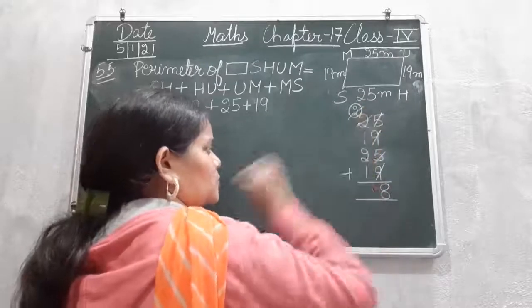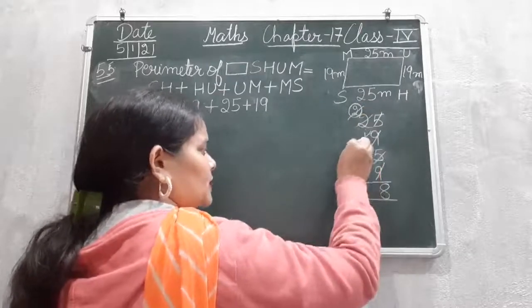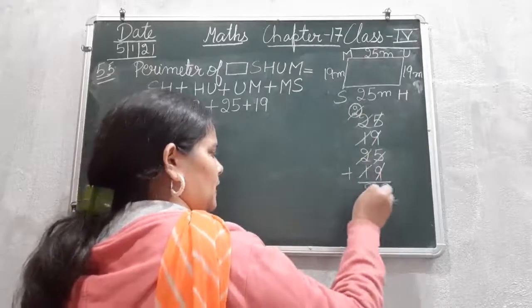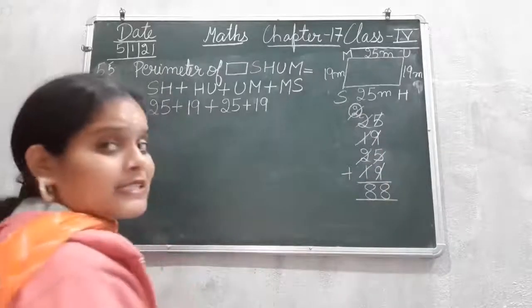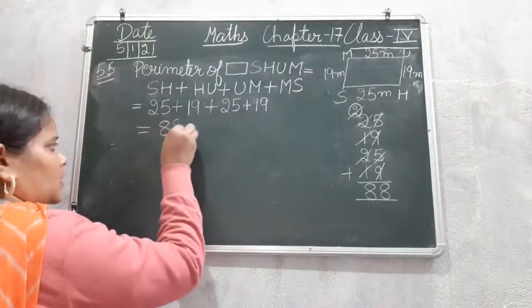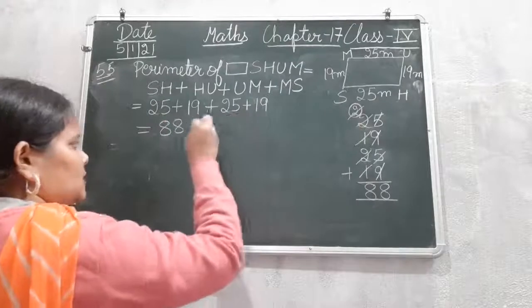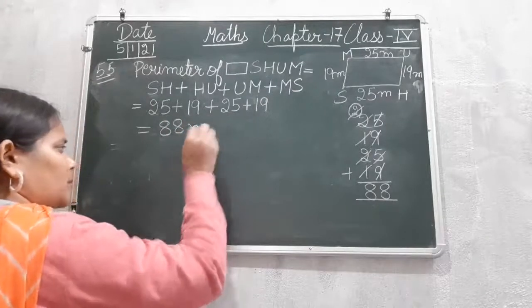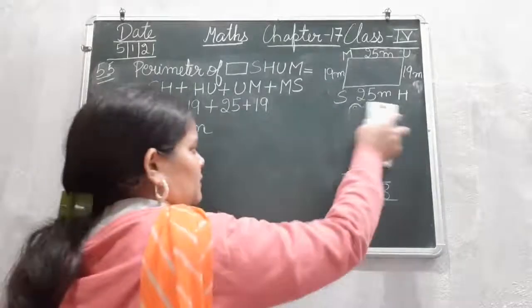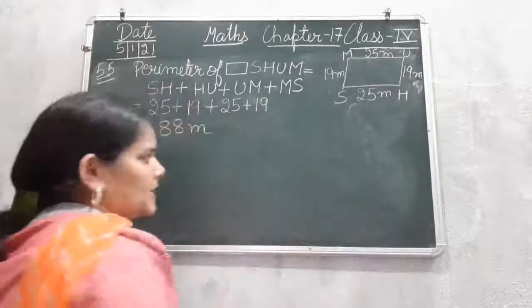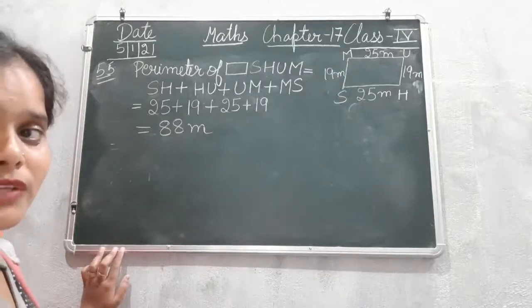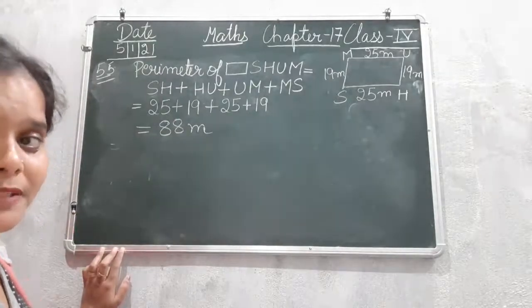Okay, 2 plus 2, 4, plus 1, 5, 5 plus 2, 7, 7 plus 1, 8. So that is 88. The measurements are given in meters, so here the perimeter will also be in meter. So this is the perimeter of this rectangular field, that is 88 meter.